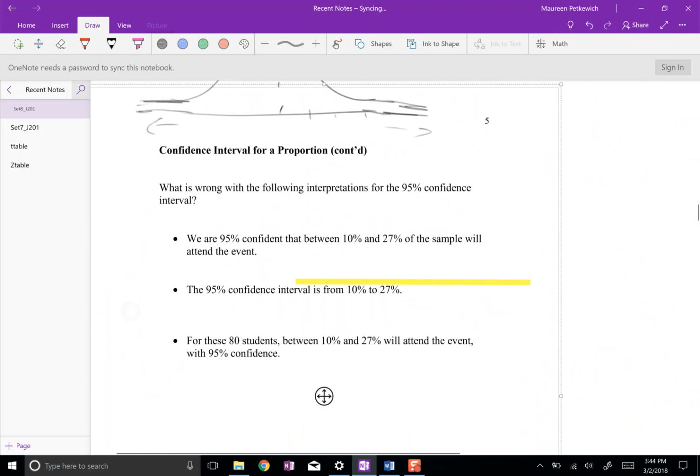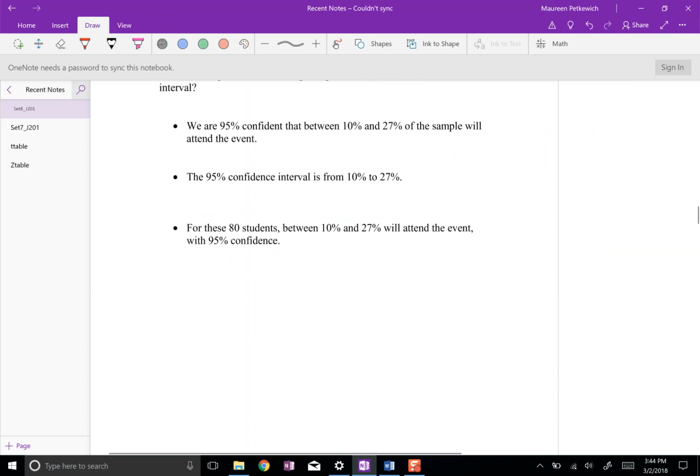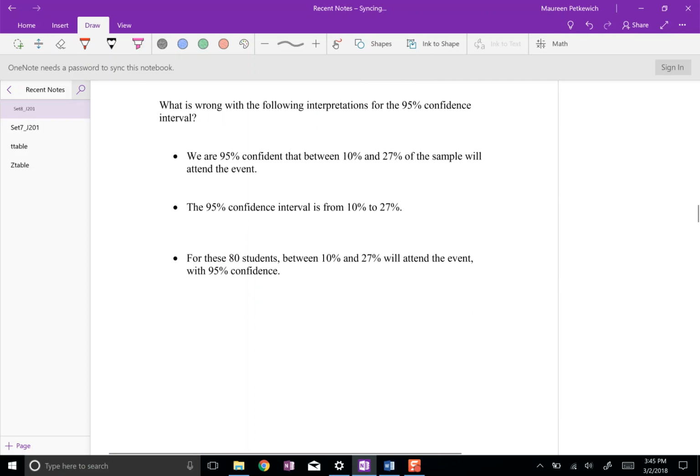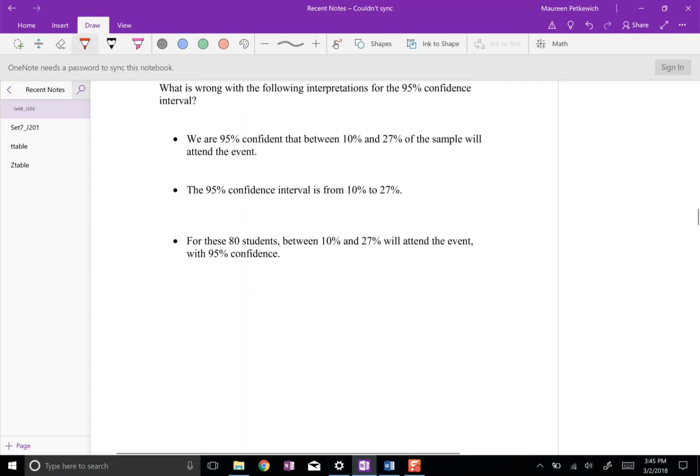All right, now we have not written an interpretation for our confidence interval, so we want to think about that now. How would we write a good interpretation of our confidence interval? Actually, I'm going to start by writing a good interpretation.